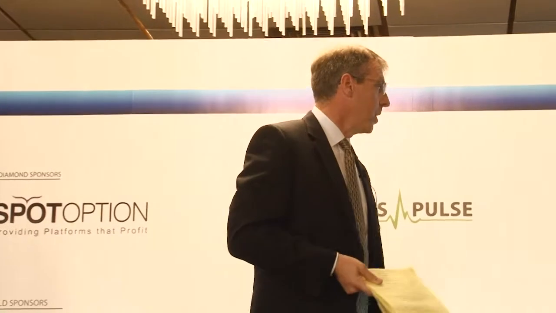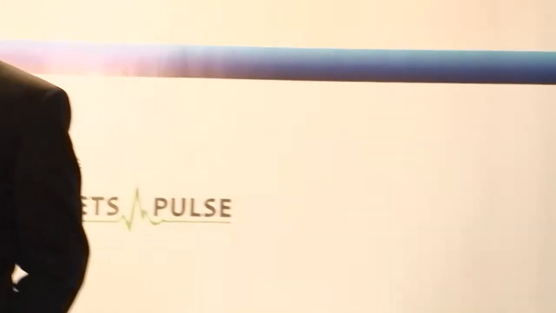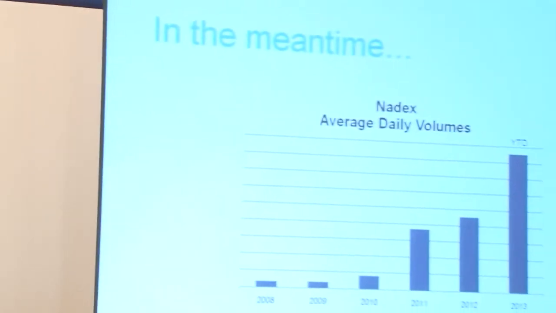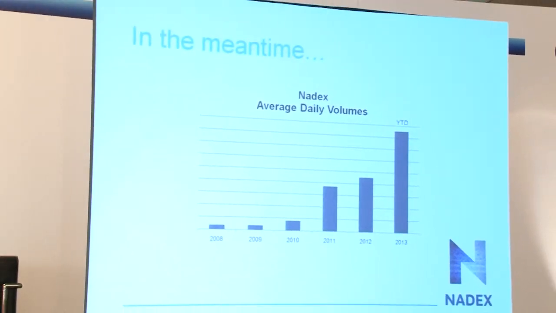So we now have the ability to accept both direct members and intermediated business through brokers. Once we got all that in place, in about 2010, you can see the volumes have really increased significantly and steadily, and we hope that's going to continue.